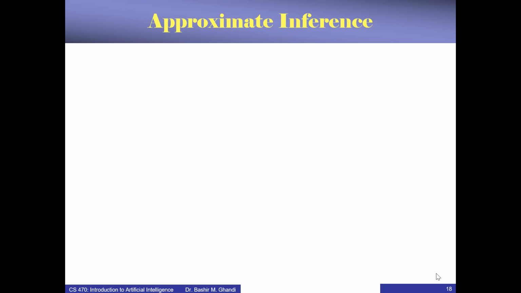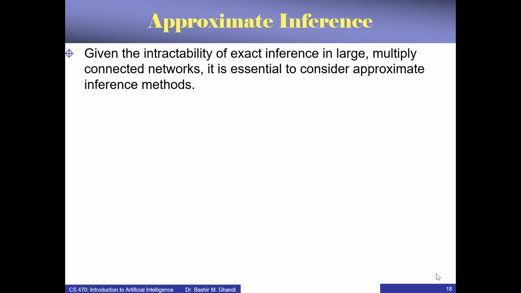Is there a way we can do inference to get approximate values that is much faster than the usual exact inference? And the answer is yes, there are ways. So approximate inference then, given the intractability of exact inference in large multiply connected networks, it is essential to consider approximate inference methods.